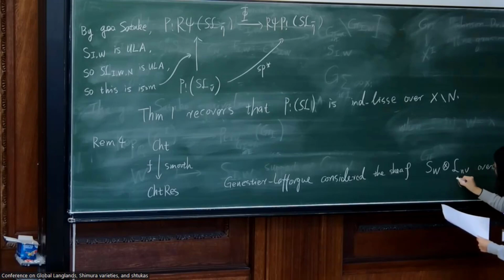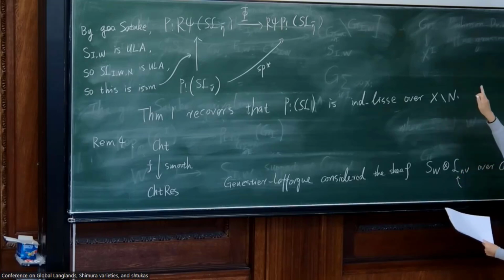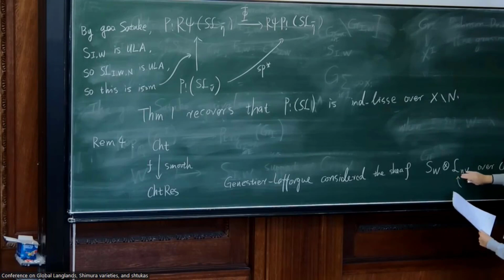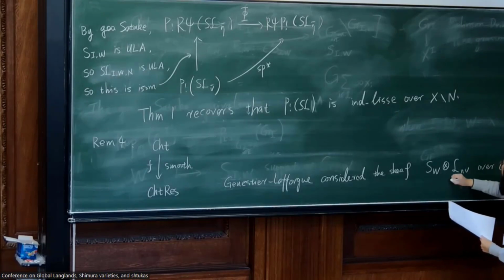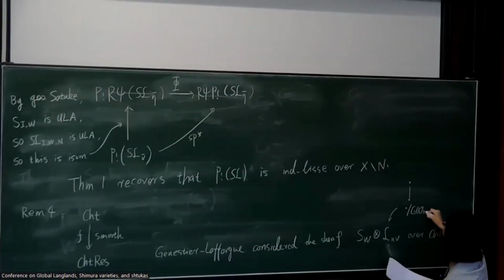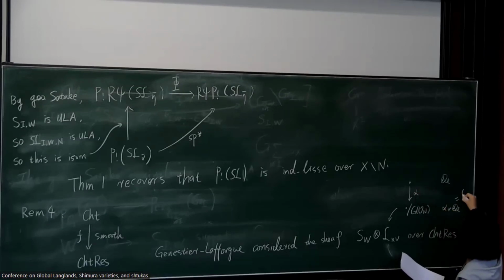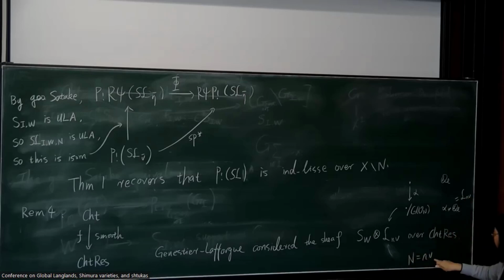So this is the sheaf associated to the regular representation of G_N. So you have a point to quotient G_N, and this sheaf is the direct image of this, if N is N_v, the level is N_v.